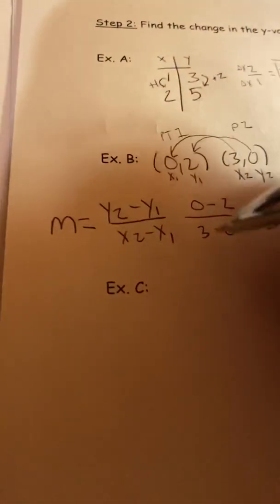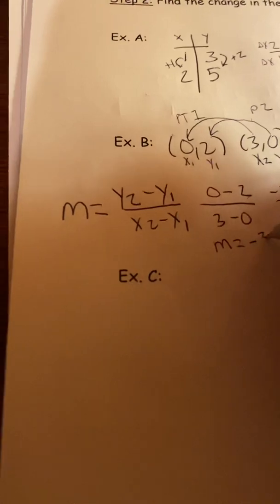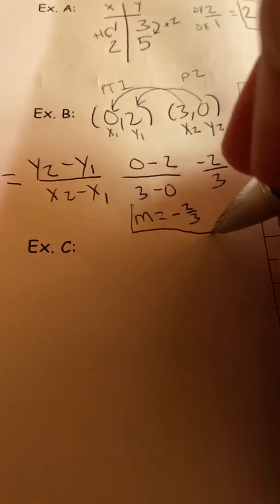So 0 minus 2 over x2 minus x1, 3 minus 0. On the top, I get -2. On the bottom, I get 3. For your final answer, it doesn't matter where you place the minus sign or the negative sign. M equals -2/3. A lot of times when we give the answer, we put it in the middle. It really doesn't matter.